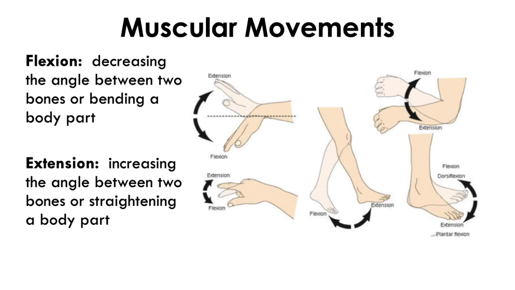That's increasing the angle, bringing it away. If you have ever heard the word hyperextension, that's when you're bringing it too far, which is maybe not natural. If you bend your knee up to where it's pretty straight, but then you bend it beyond what it can bend, that's hyperextending it. Your leg, your arm, your foot is going to be away from the bone, increasing the angle.